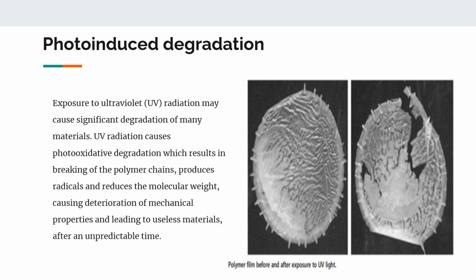It causes a lot of deterioration of mechanical properties and leads to useless materials after an unpredictable time. An example of photo-induced degradation is shown on the right side, where the before and after exposure to UV light has been explained.